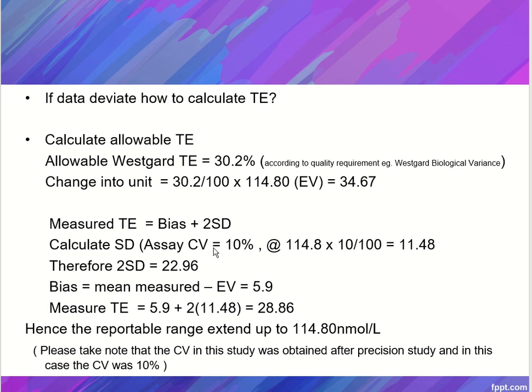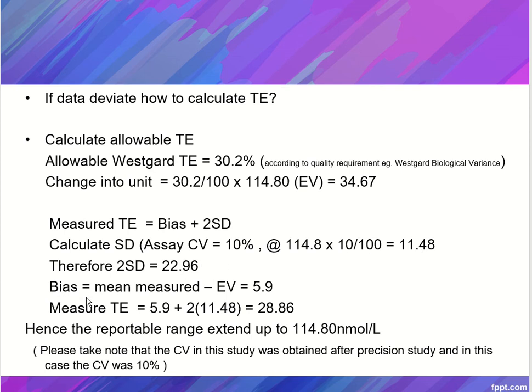So if the CV is 10%, need to change into unit, meaning that 10% of 114.8 is 11.48 unit. So therefore, I put the 2SD equal to 22.96. 11.48 you multiply with 2, right?